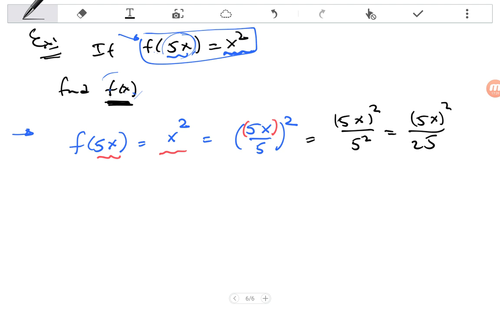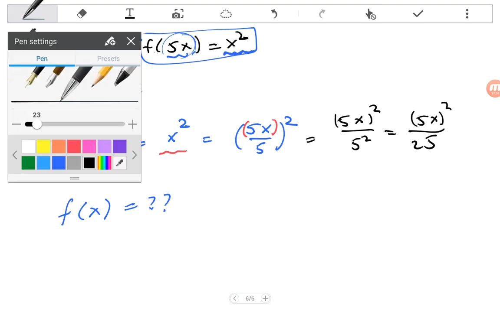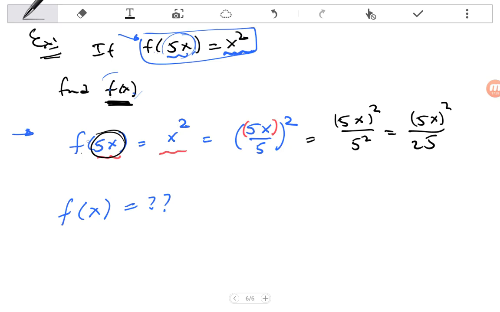So can I determine from this how f operates on x? Now f operates on 5x in this way: it takes 5x, then it makes a squaring, then divides by 25.